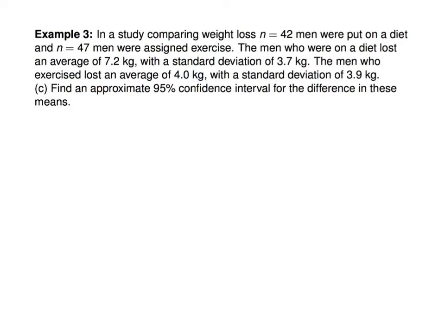So find an approximate 95% confidence interval for the difference in these means. So remember, the format of that confidence interval is x1 bar minus x2 bar plus or minus t star times the standard error of x1 bar minus x2 bar.